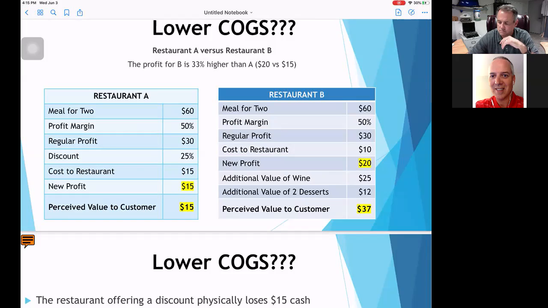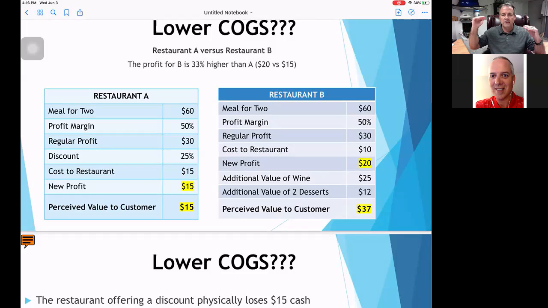Restaurant B, who would offer the bottle of wine and the two desserts, which only cost him an extra $8, can end up making $20. But the perceived value to the customer was, hey, I got $37 worth of value. When you take the two profit margins, one's $15, one's $20.